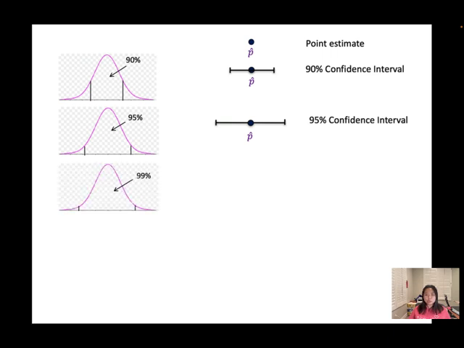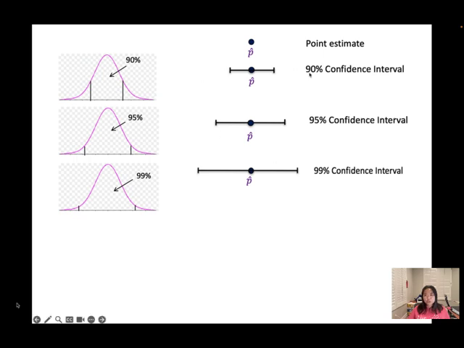Next one, we could construct a 99% confidence interval. So you could see with 99%, we're going to cover more of the normal distribution compared with the 95%. So this range of the values will be much wider. So it really depends on what you are looking for. Are you looking for only one single value, or do you want a range of values?